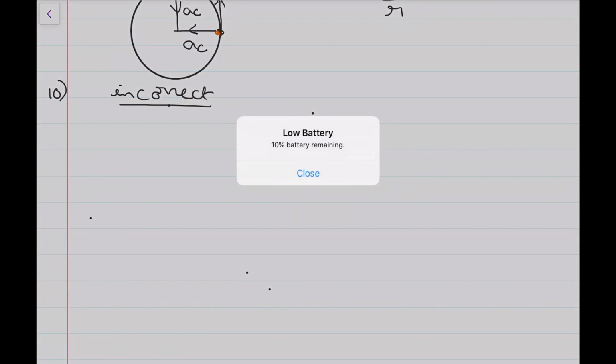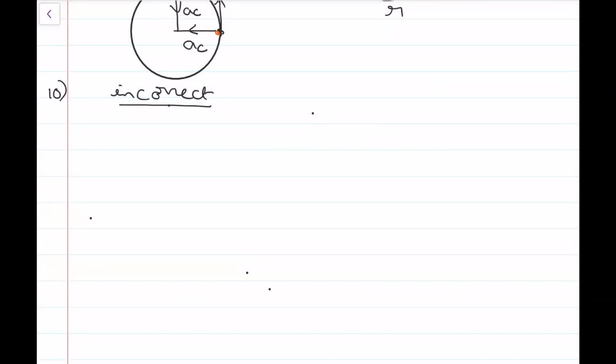Now problem number 10. Which of the following is incorrect? This is very important. We have to identify the incorrect statement about non-uniform acceleration; these are the keywords.